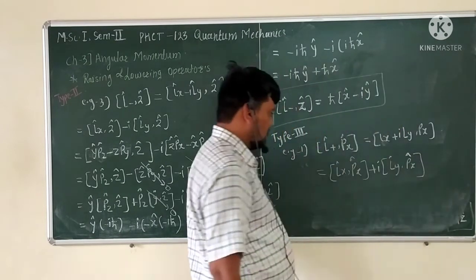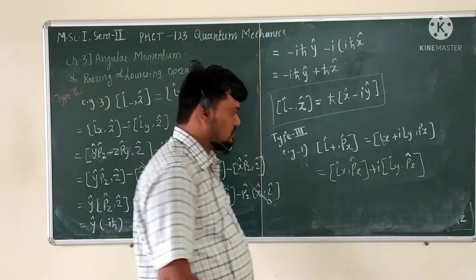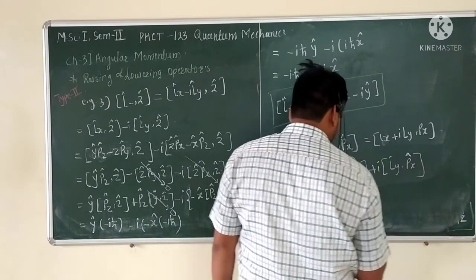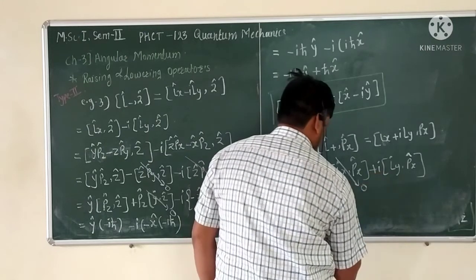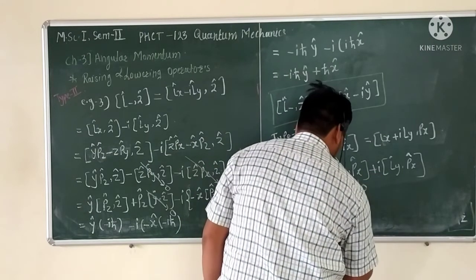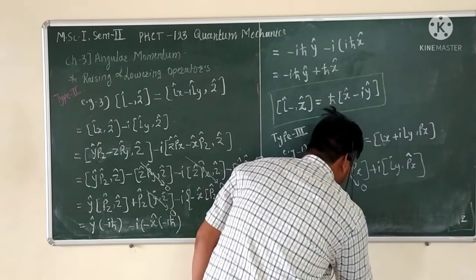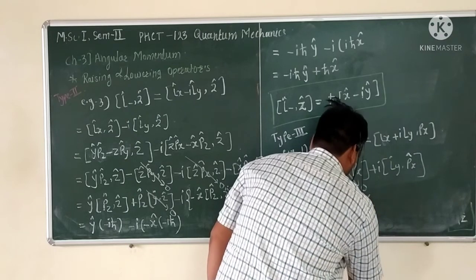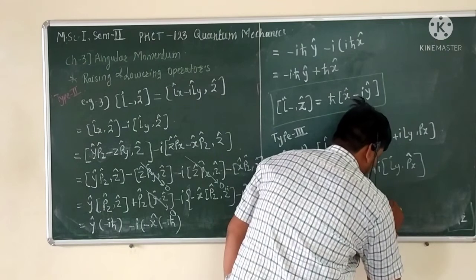You know that [Lx, Px cap] is again 0. To solve the other bracket, plus i is taken outside, and the Ly operator is nothing but z Px minus x Pz, comma Px cap.